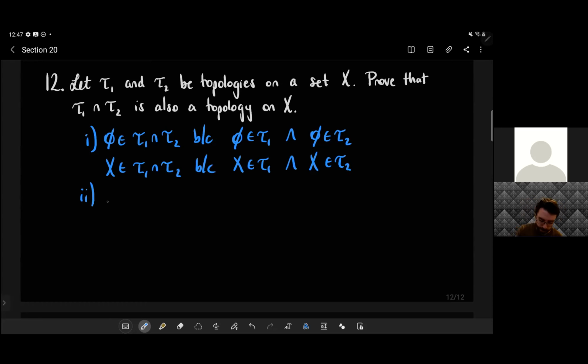Finite intersections: I think the professor likes to use curly O's for open sets. So let's say that O1 and O2 are in tau1 intersect tau2. Then, what does that mean? That means O1 and O2 are in both of the topologies.